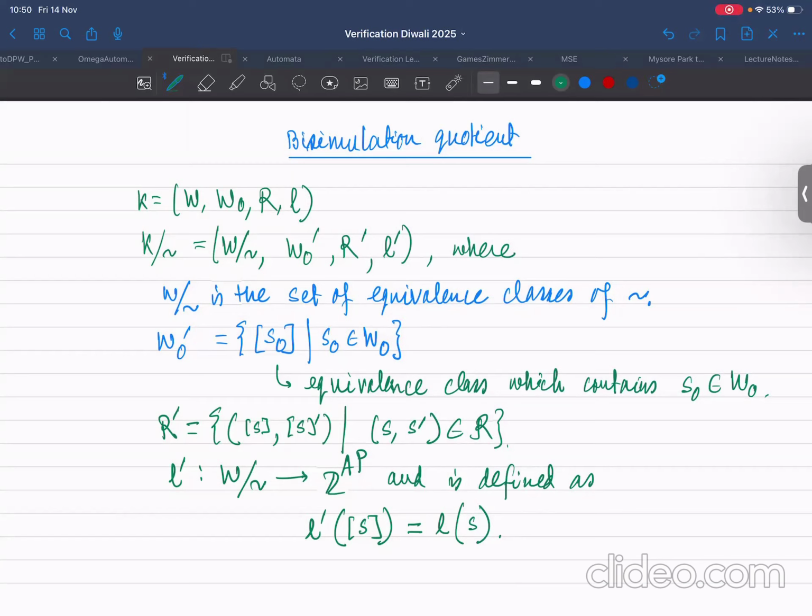Now you merge the equivalence classes, and then you define a Kripke structure with these merged classes, with the transitions among the merged sets of worlds or states defined in this way, and you obtain the bisimulation quotient.